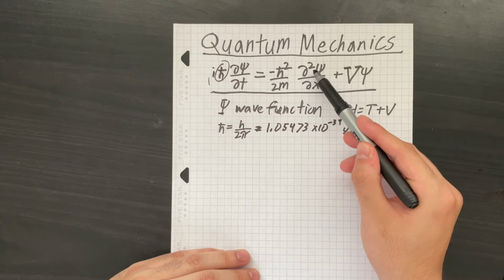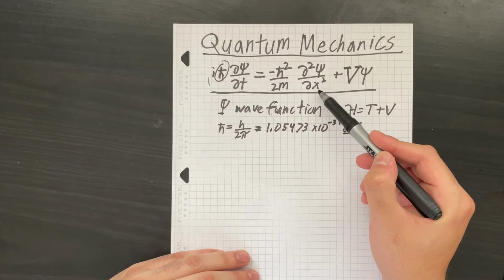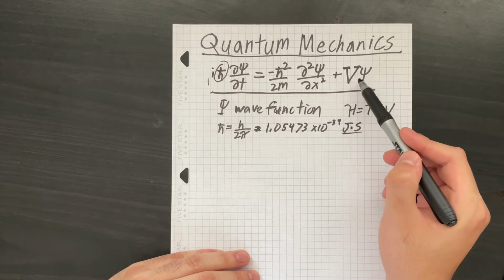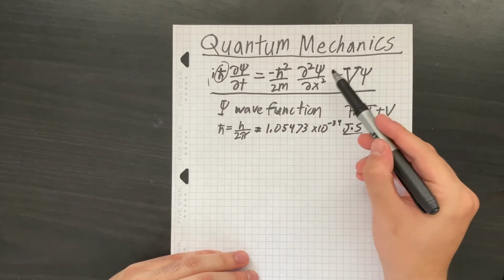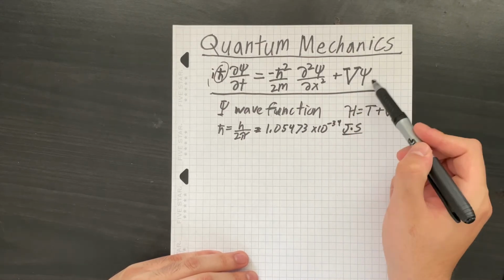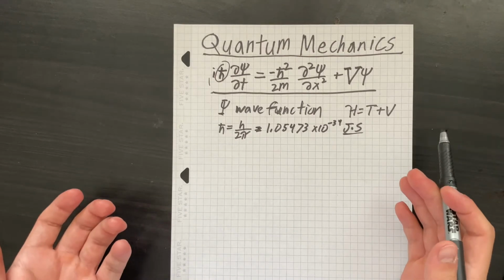Times the second partial derivative of psi with respect to position, plus the potential energy times psi, your wave function. And any psi that is a solution of this is a solution to your system in quantum mechanics.